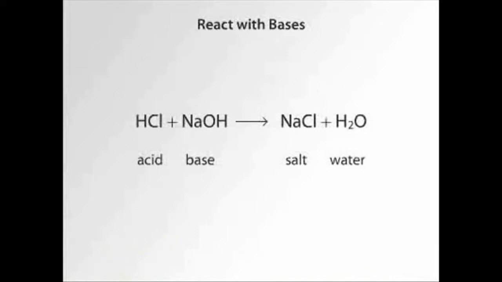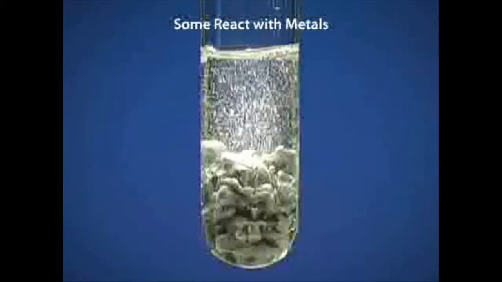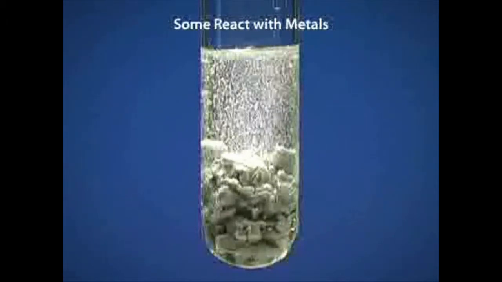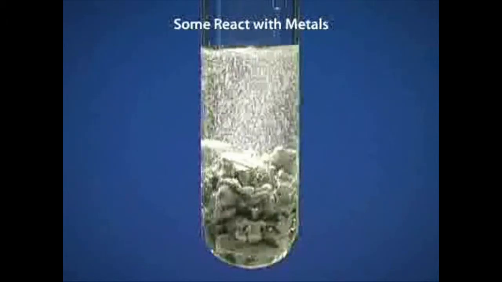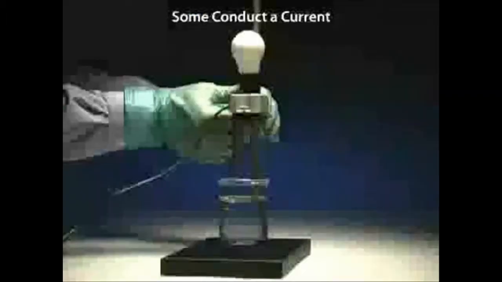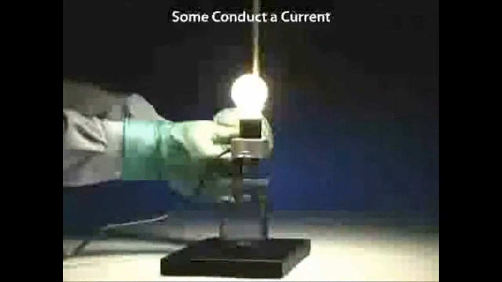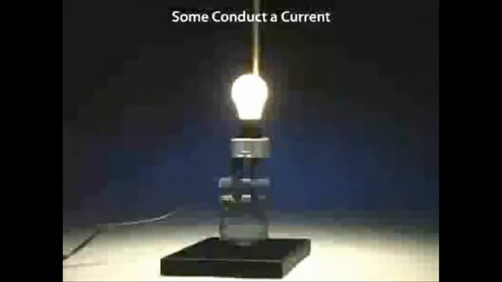When hydrochloric acid reacts with sodium hydroxide, it forms sodium chloride, or table salt, and water. Some acids react with metals to release hydrogen gas, as is the case in this reaction of hydrochloric acid and zinc. An electric current is being passed through this acidic solution, causing the filament in the light bulb to glow.